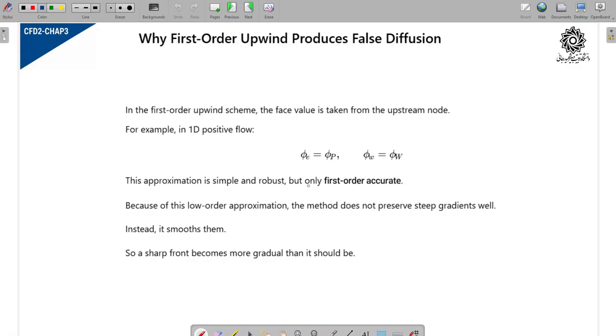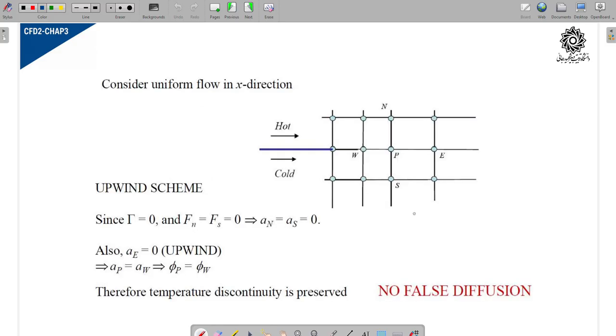Why does first order upwind produce false diffusion? In the first order upwind scheme, the face value is taken from the upstream node. For example, in 1D positive flow, the flow is horizontal and the grid is horizontal, and the flow goes from left to right.